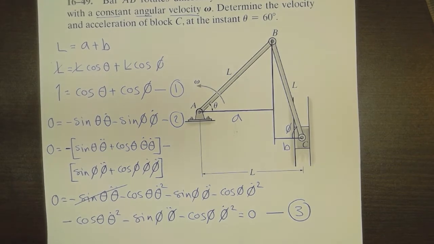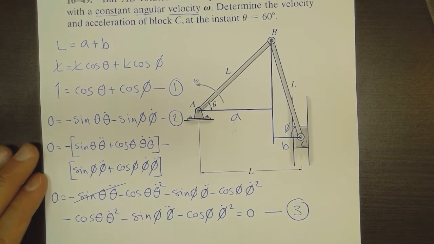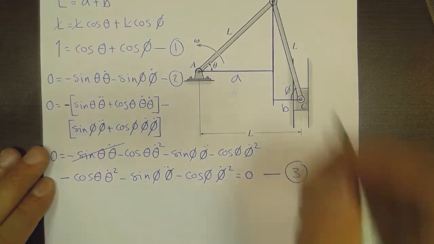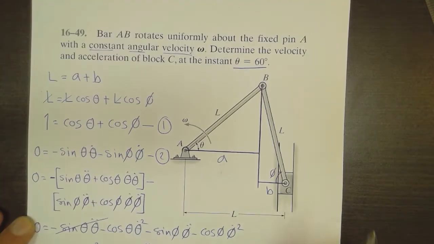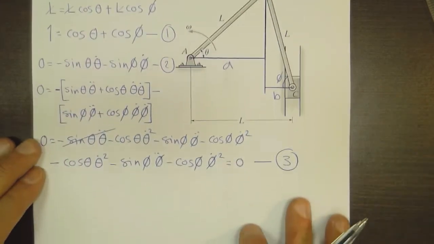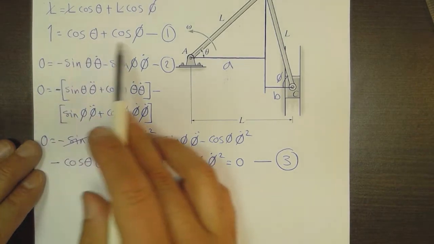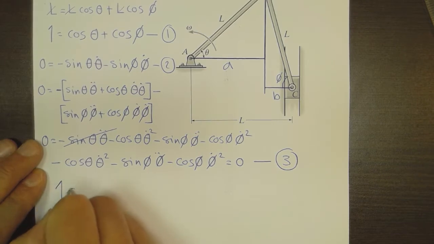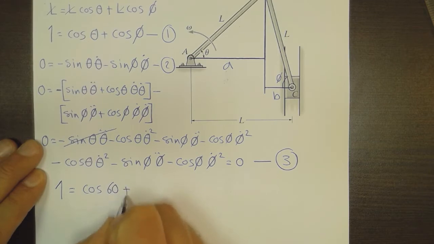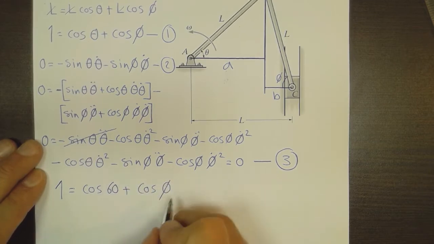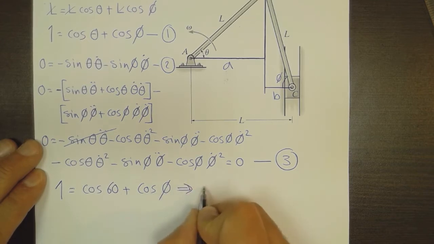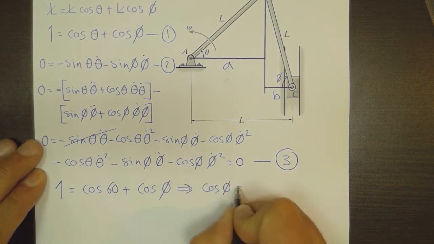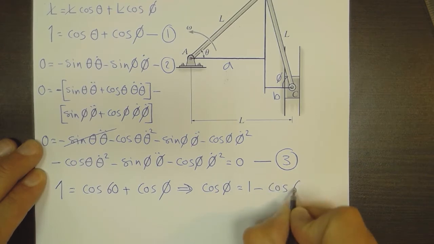Now we need to do the calculations when theta is equal to 60. So we can take advantage of this relationship and say 1 equals cosine 60 plus cosine phi, and we can rearrange to cosine phi equal to 1 minus cosine 60.